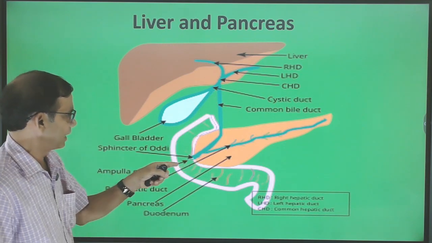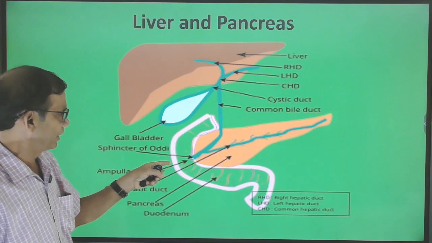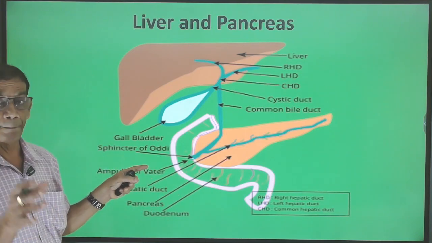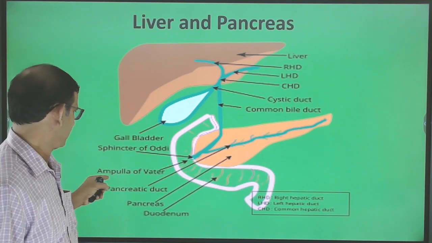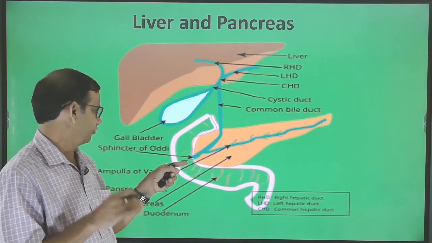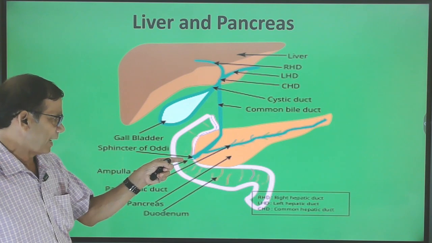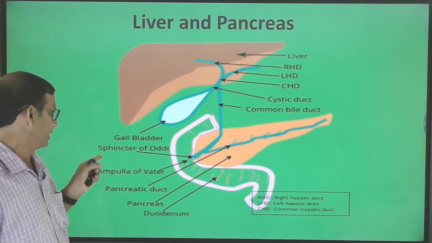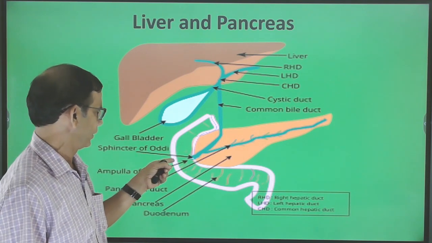and from this storehouse it opens by the common bile duct into the duodenum through a particular part called the ampulla of Vater, and through a particular sphincter called the sphincter of Oddi.